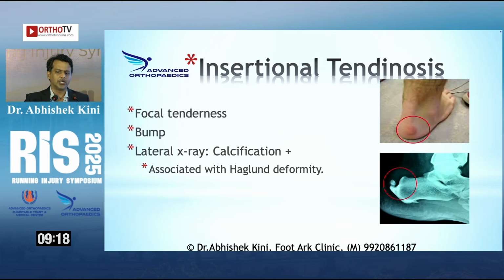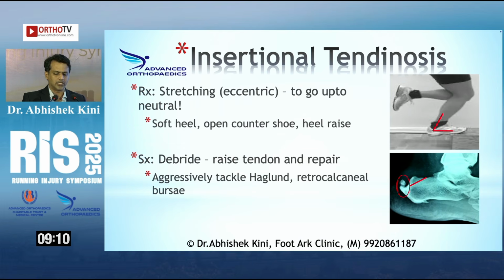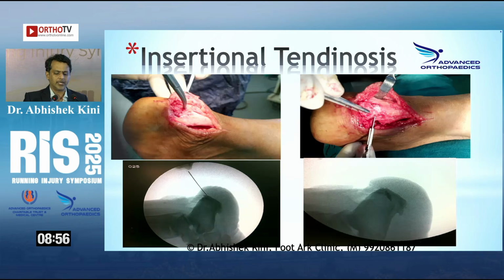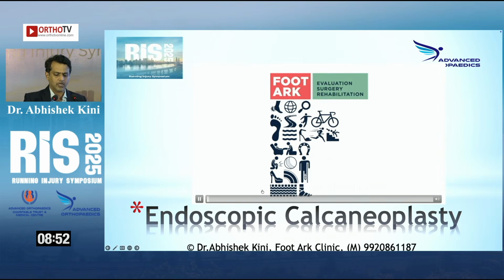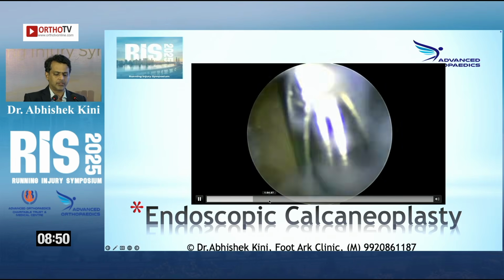Insertional in our population is more common than non-insertional. You see a focal bump with a small spur behind the heel, and that's associated with swelling and retrocalcaneal bursitis. Treatment is again a lot of physical therapy. We need to start stretching, eccentric loading programs, wear a soft heel open counter shoe, and again rarely it might need a surgery, which could be done open or arthroscopic, as we see in this patient.